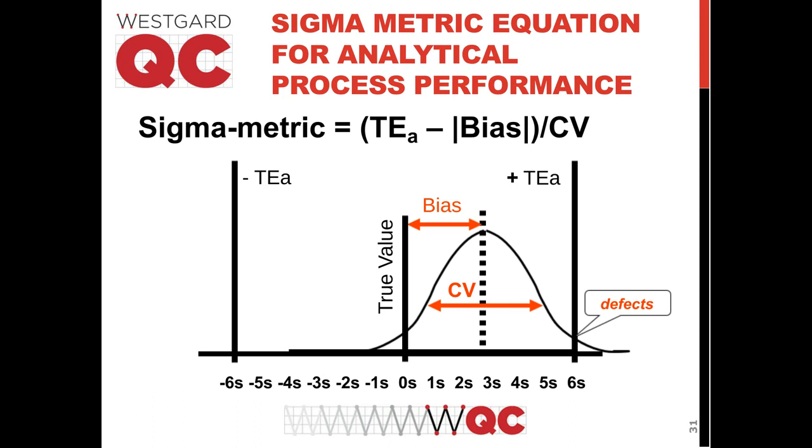When we inject our bias and our CV, however, the bias shifts our distribution away from that true result, and the CV spreads out our distribution of results. So when the bias and the CV are combined, we have a shift, we have a spread, our curve is different, and where that curve goes outside that allowable total error, those are where the defects occur.